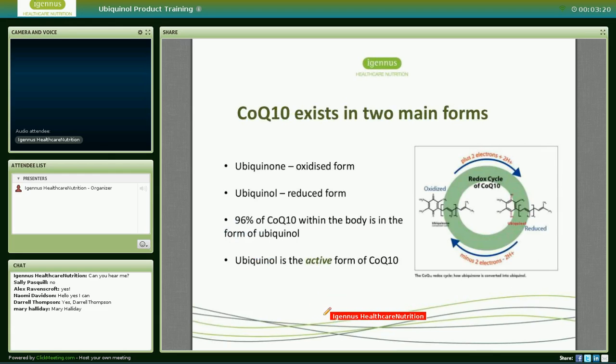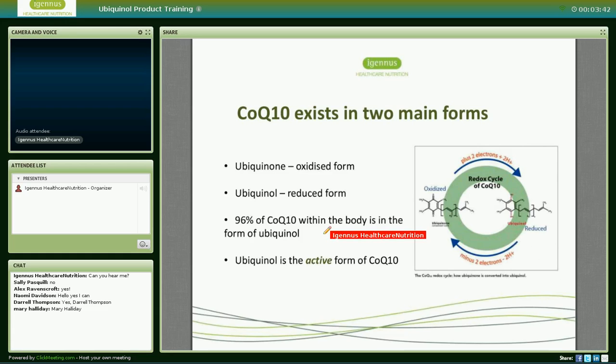Coenzyme Q10 actually exists in three redox states, but we generally refer to two, ubiquinone and ubiquinol. In the fully oxidized state, it's called ubiquinone. There is a partially reduced semiquinone state, and then the fully reduced version called ubiquinol.